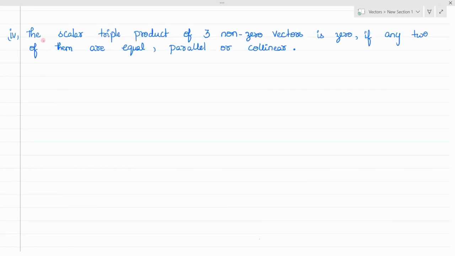The fourth property tells us that the scalar triple product of three non-zero vectors is zero if any two vectors are equal, parallel, or collinear.